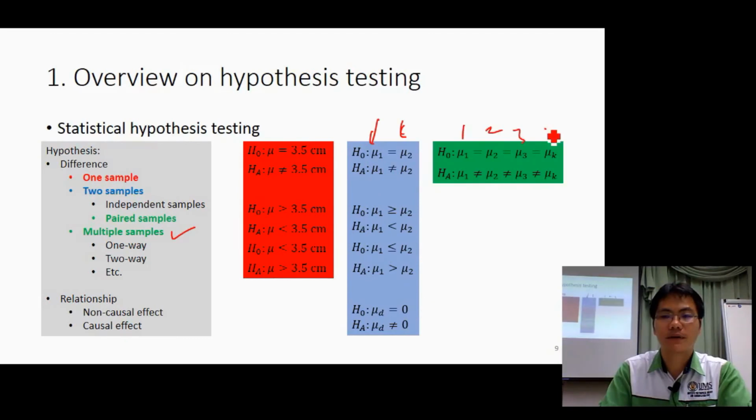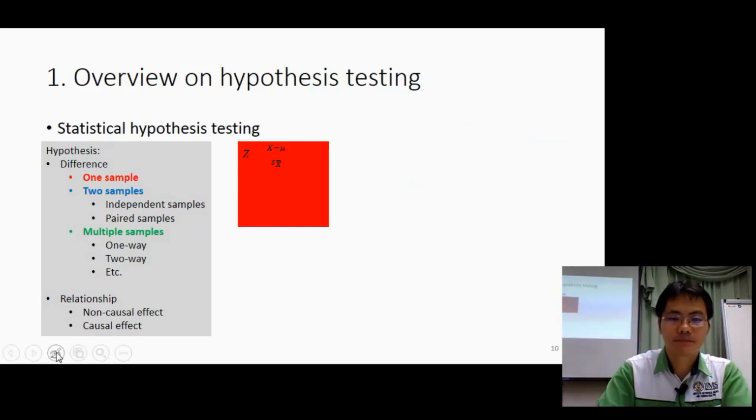The next one is when you have multiple samples, more than one sample. It's very similar to the t-test. The only difference is now, instead of two, you have more than two. For this, usually we only test if there is any significant difference or no difference between samples.